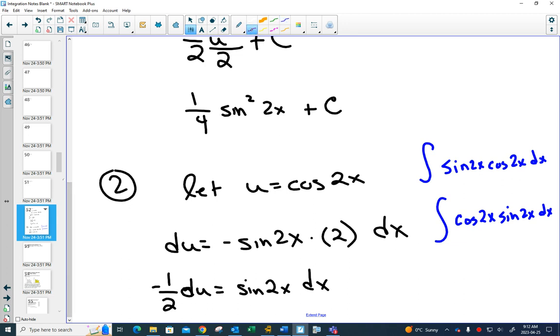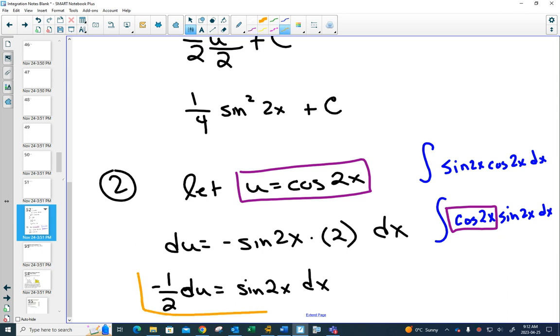And notice we're making u equal to this section, and we're making negative 1/2 du equal to that section. We're trying to substitute the main functions out of the equation so that we get a simpler equation.